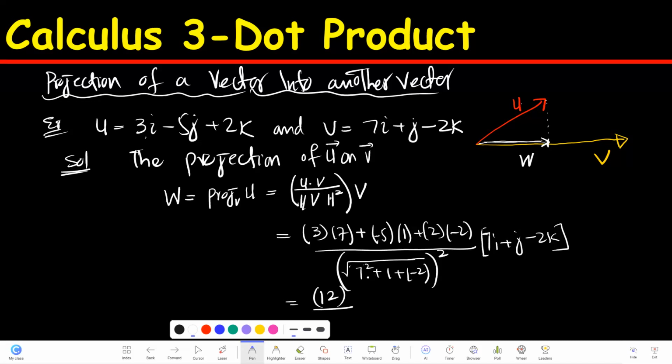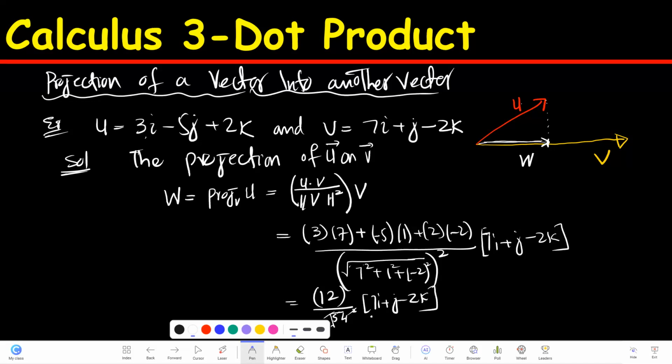And for the bottom, 49 plus 1 plus 4 is 54. With the square root of 54 and then the square, you cancel it out, and then the vector 7i plus j minus 2k.